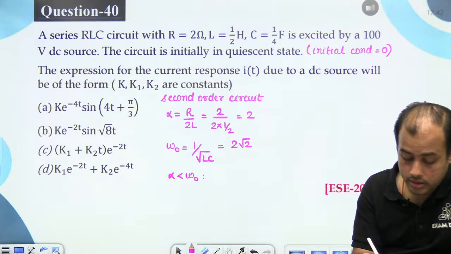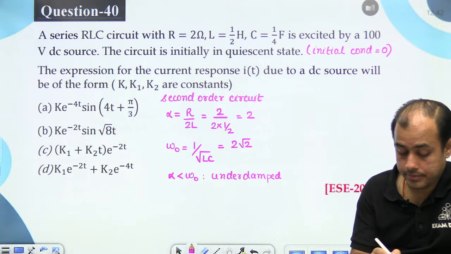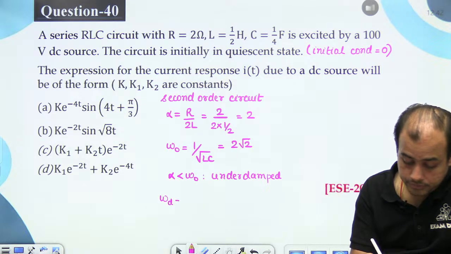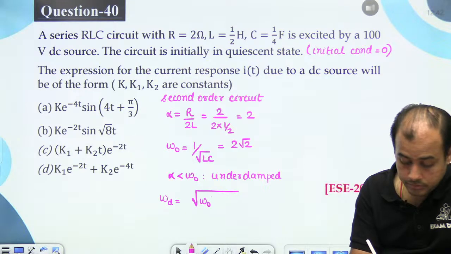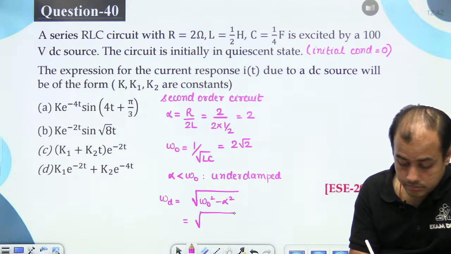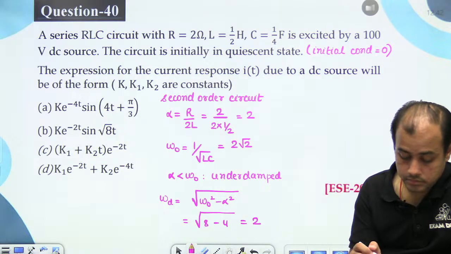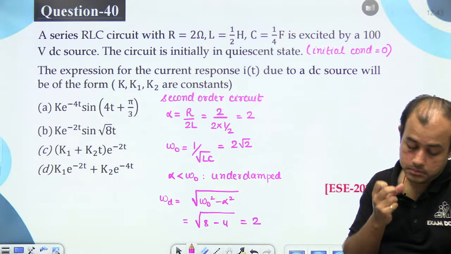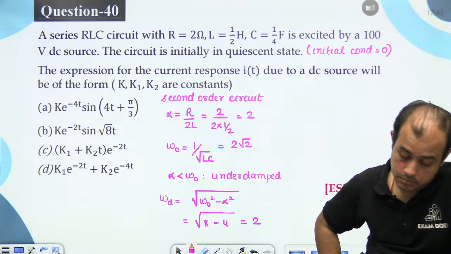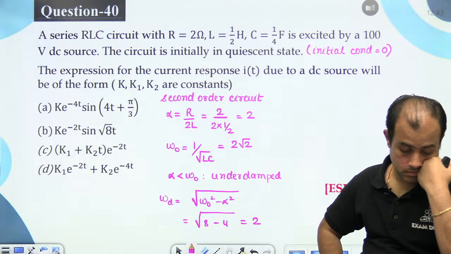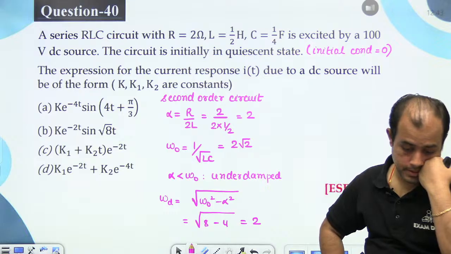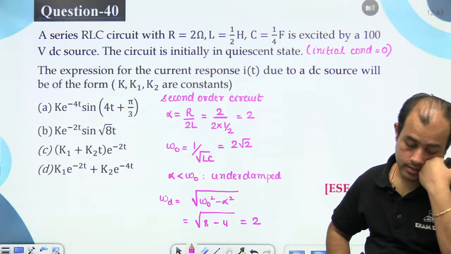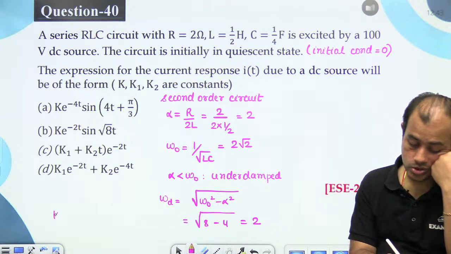Alpha less than omega naught, underdamped. R by 2L. So basically something like this should come.